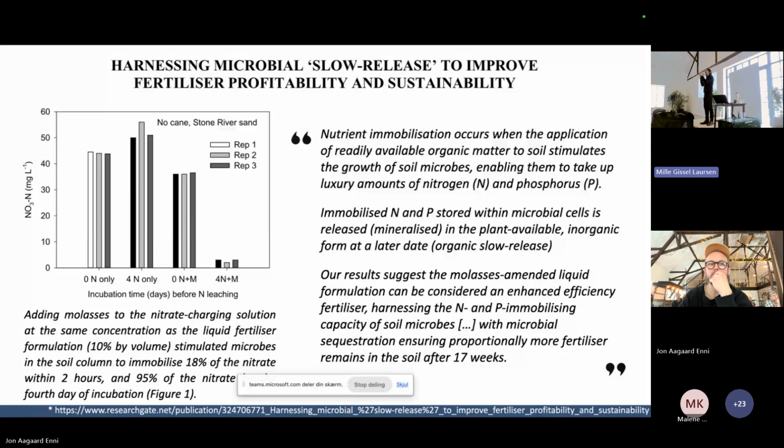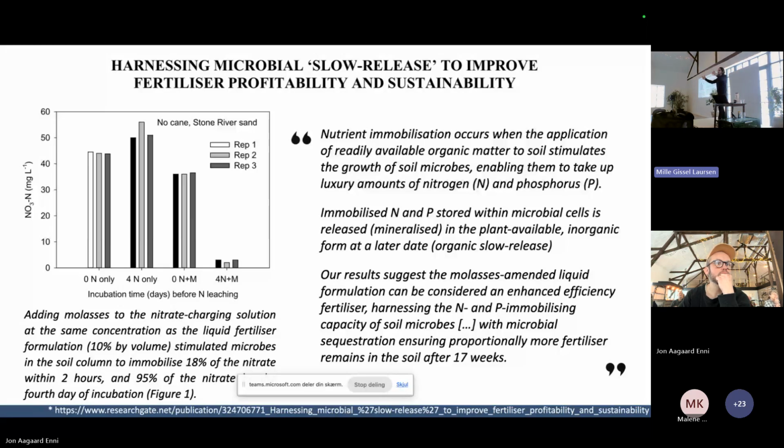So what they found is where they added molasses, those nutrients remained in the soil for a longer time than without the molasses, because we lock it up in the biology and store it there and create longer term slow release. And that slow release is going to be better matched with supply and demand of the plant.